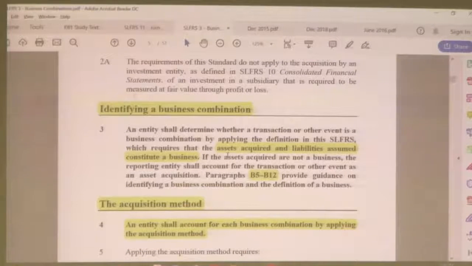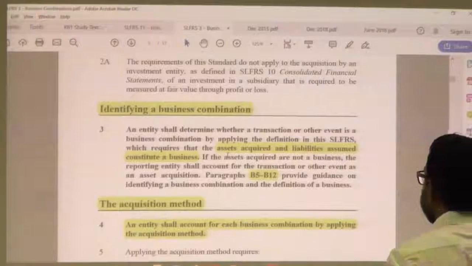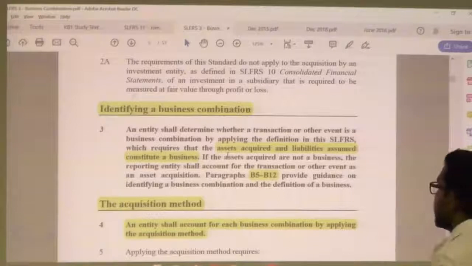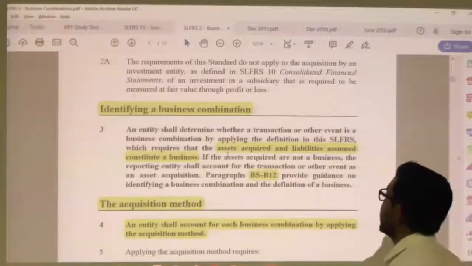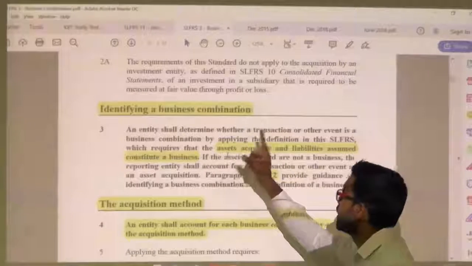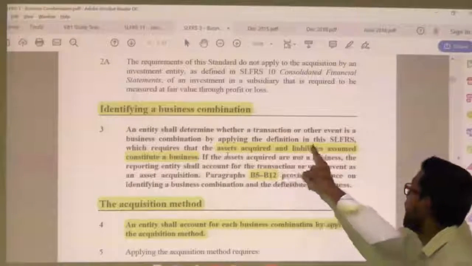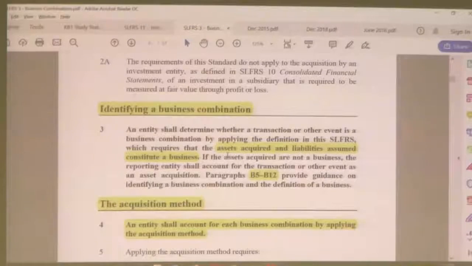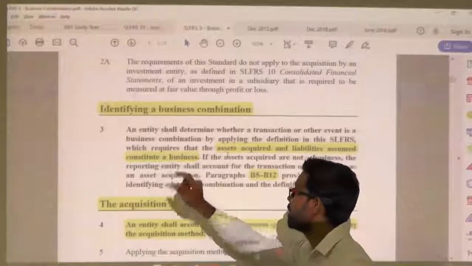An entity shall determine whether a transaction or other event is a business combination by applying the definition in SLFRS 3, which requires the assets acquired to be a business. When you identify a business combination, two things should be satisfied: it should be an asset acquisition, with assets acquired and liabilities assumed. Underline these two. You have to acquire assets and assume liabilities in a business.